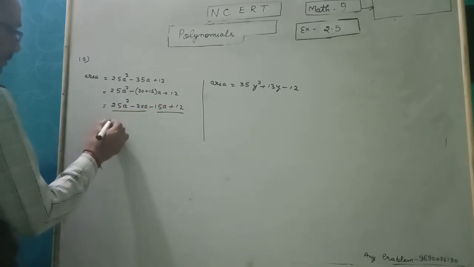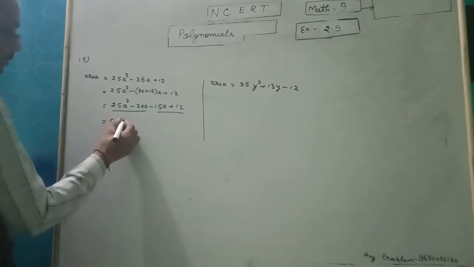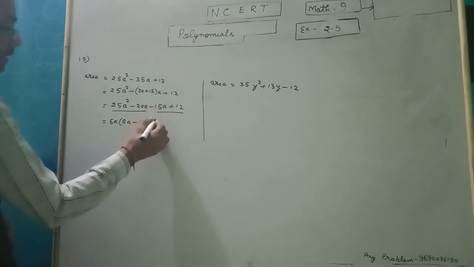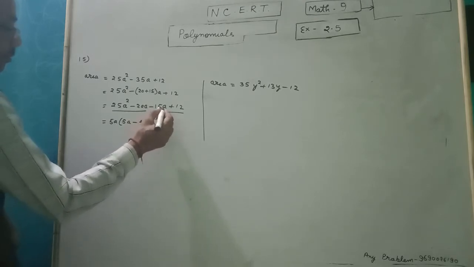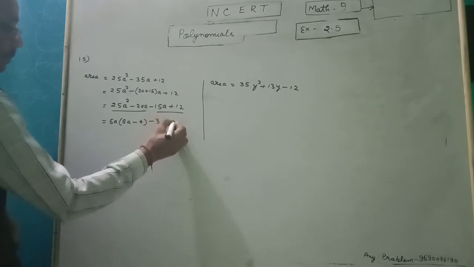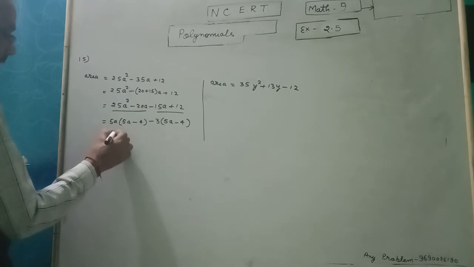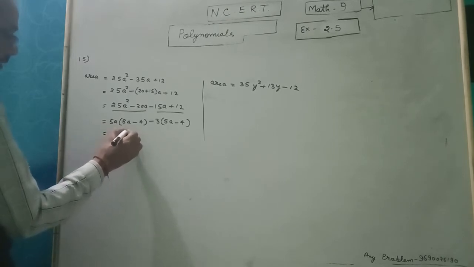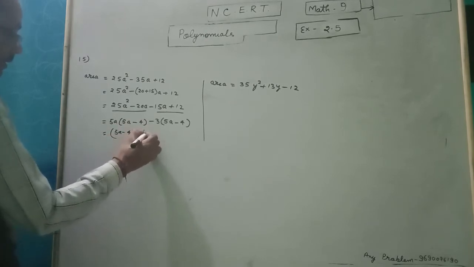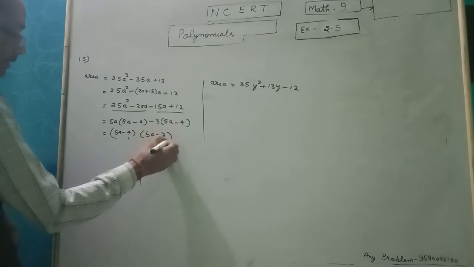Take 5a common from the first pair: 5a(5a - 4), and -3 common from the second pair: after common, -3(5a - 4). So the first bracket is 5a - 4 and the second bracket is 5a - 3.